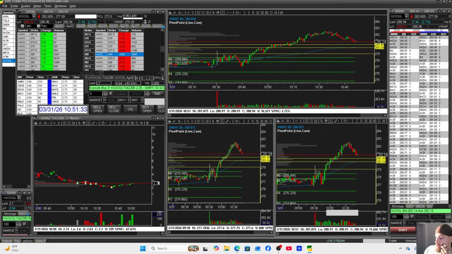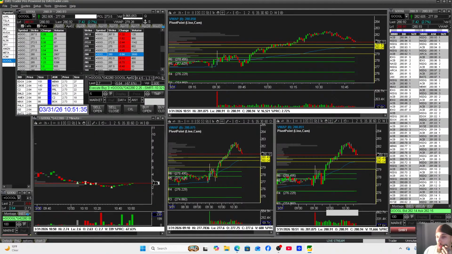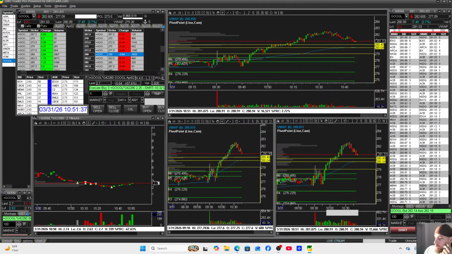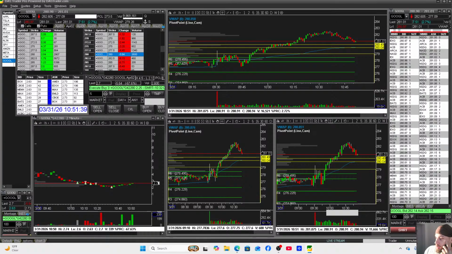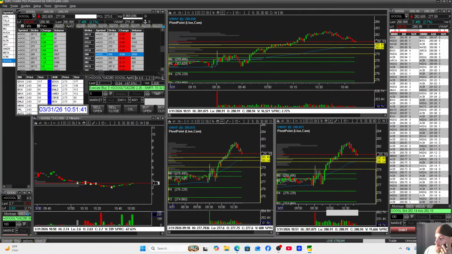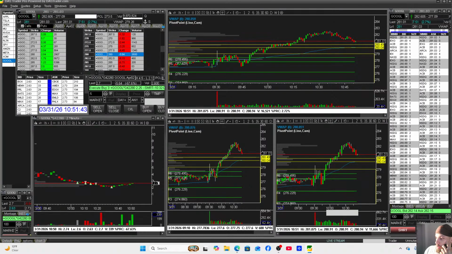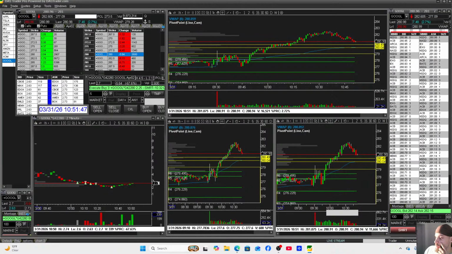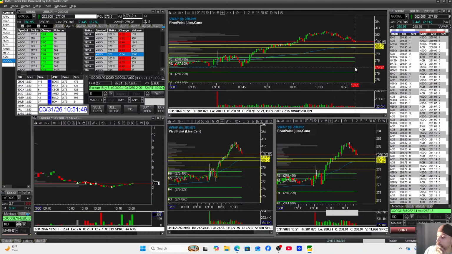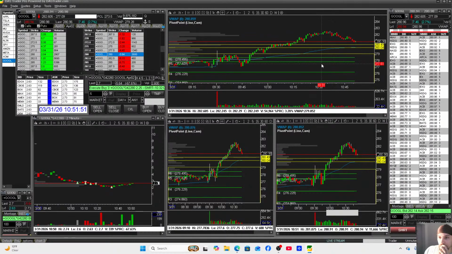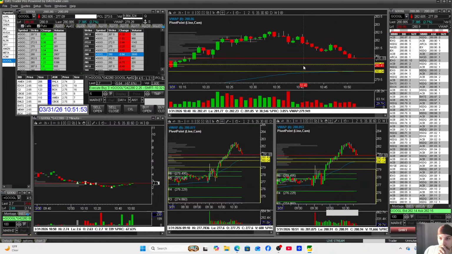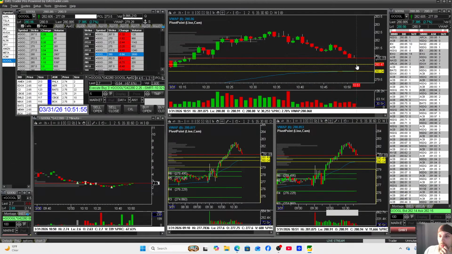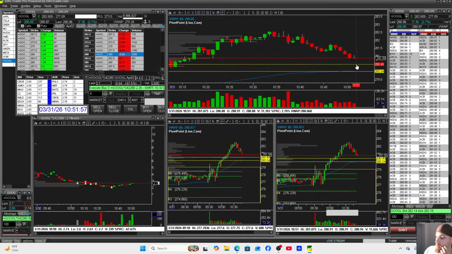SPY queues still working their way down. Qs getting close to testing R4, which is a significant area of support. Pre-market it did break through that. Let's see what happens here. Can we get a flush candle?